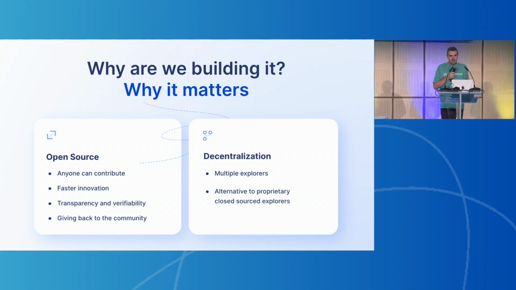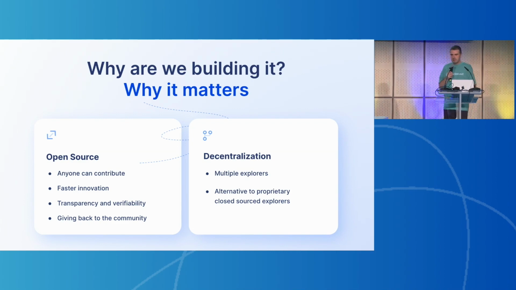But the question is, why are we building it, and why are we building it in this way? I think it resonates a lot with people at this conference. If we think about most other block explorers in the Ethereum space, they're closed source, private, for-profit companies, which are presumably selling data and following all the regulations, no matter what regulators ask them.